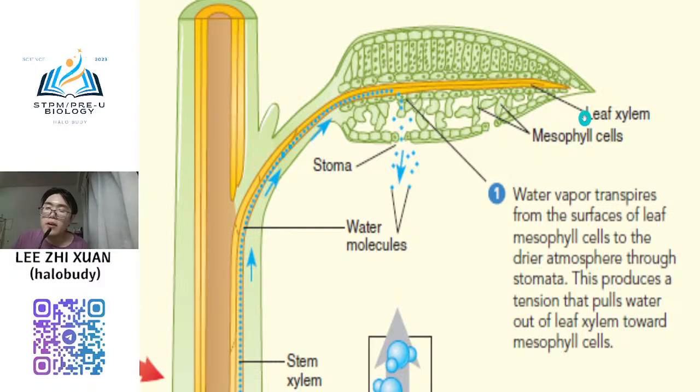Palisade mesophyll and also spongy mesophyll, and then lower epidermis, upper epidermis, vascular tissue also occur there. So we know that the mesophyll cells, palisade mesophyll and spongy mesophyll, highly contain chloroplasts, right? The chloroplast is rich here. So meaning that photosynthesis occurs in your leaf.